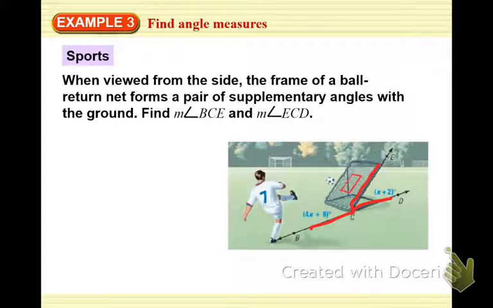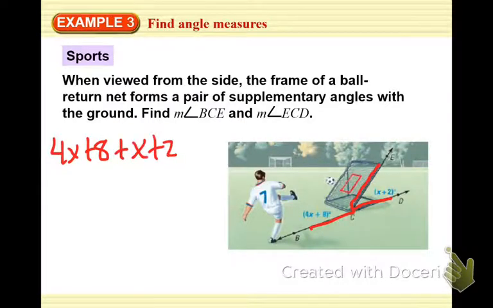Added up, they equal 180. So 4x plus 8 degrees plus x plus 2. That's not a square, that's a degree symbol, a little circle. But you are correct. You add them together: 4x plus 8 plus x plus 2.